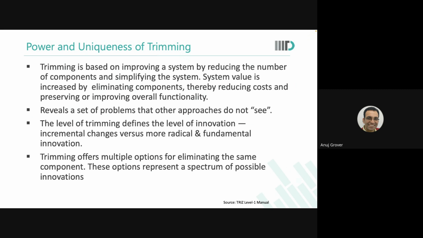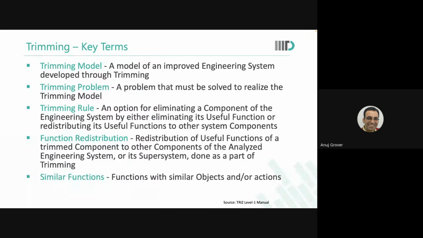And the key terms that we use in trimming are trimming model. It is the model of the engineering system which would develop after trimming has been done. That is the trimming model. Okay? Trimming problem, it is the problem or the new problem that it has shown us which needs to be solved to make that trimming model work.